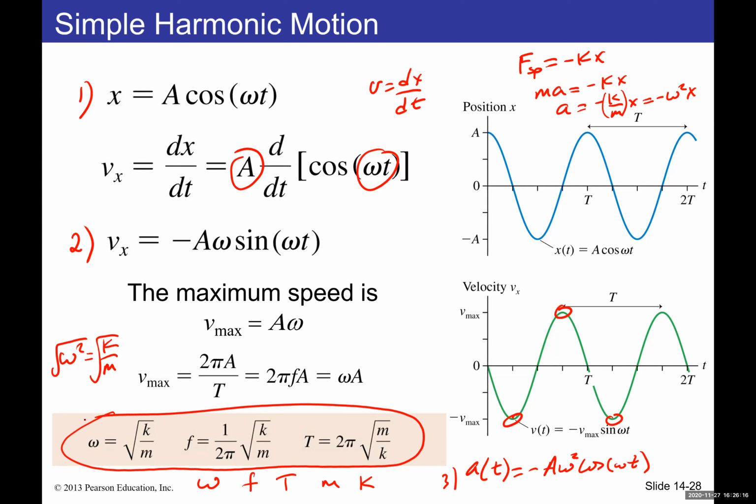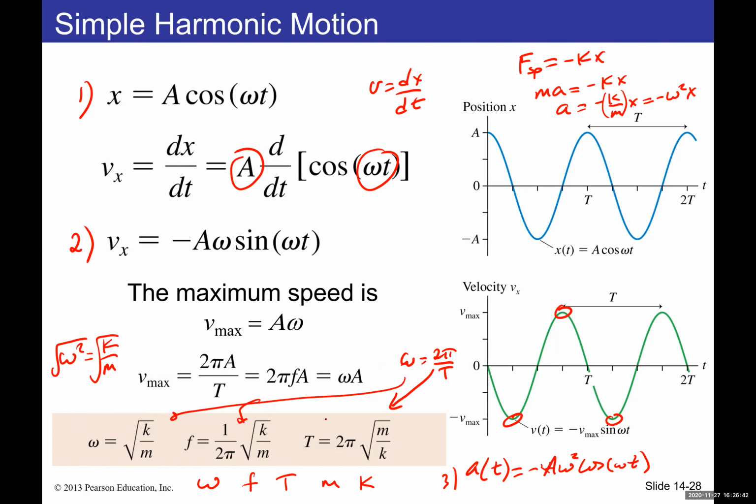So that's why omega is kind of the link between all of those things. Because omega is equal to the square root of K over M, but omega also equals 2 pi F, I can use that to relate K and M to linear frequency. And because omega also equals 2 pi over the period, I can use that to relate M and K to the period. And that's the equation.